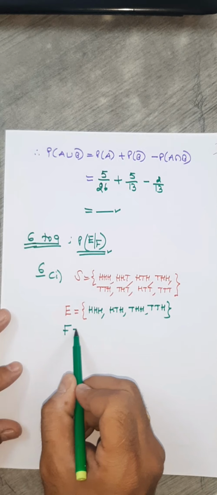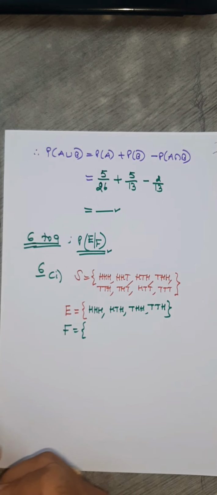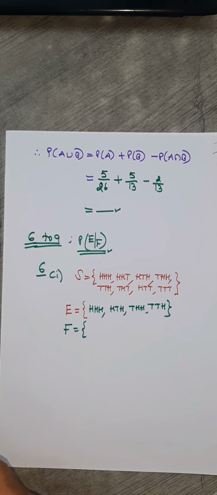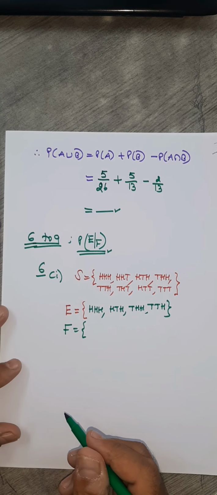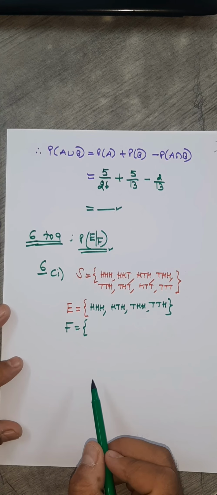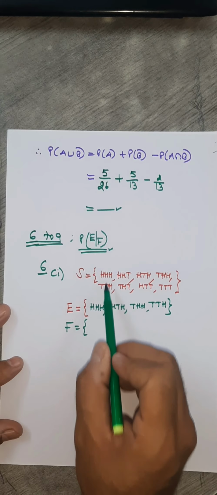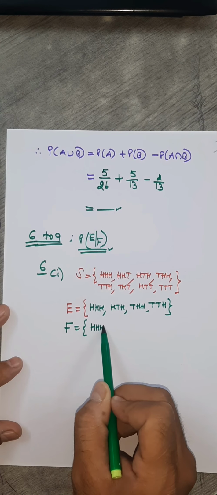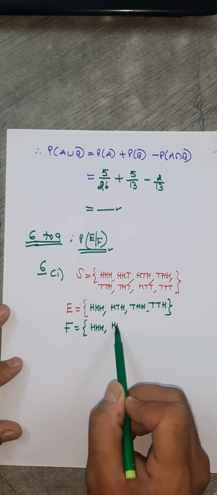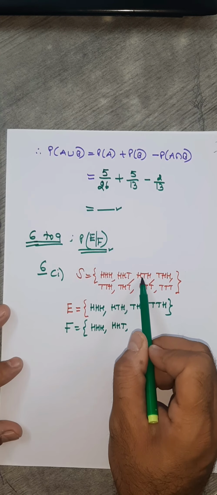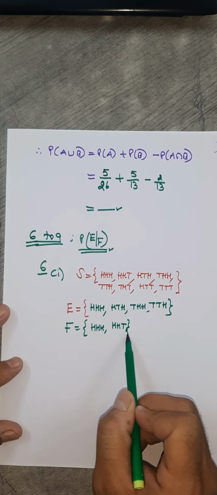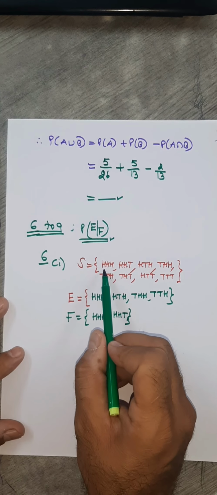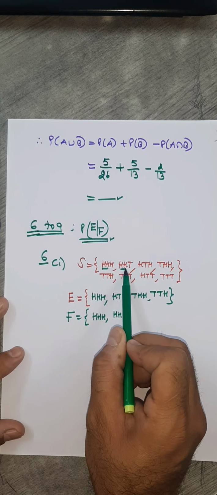What is event F? Look at that F. What's the definition of F? Heads on the first two tosses. One is this, HHH. Then HHT. Not this, not this, not this, not this, not this. Only two outcomes. These two.